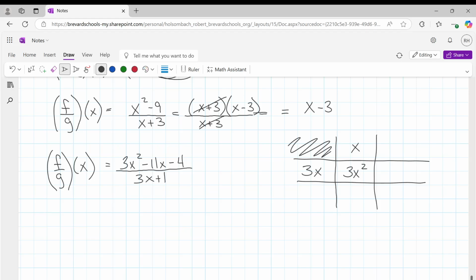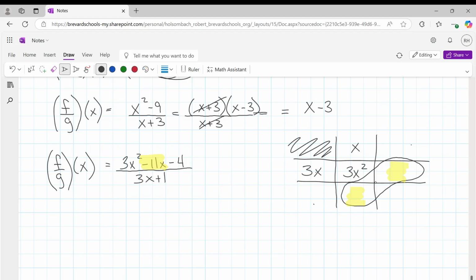Now, in the top right and the bottom left go the factors of -4. But when you add this box right here to this box, when you combine these two, combined, it needs to equal -11x.